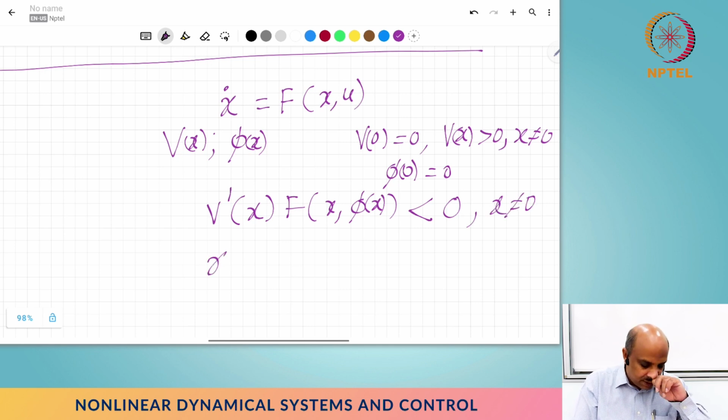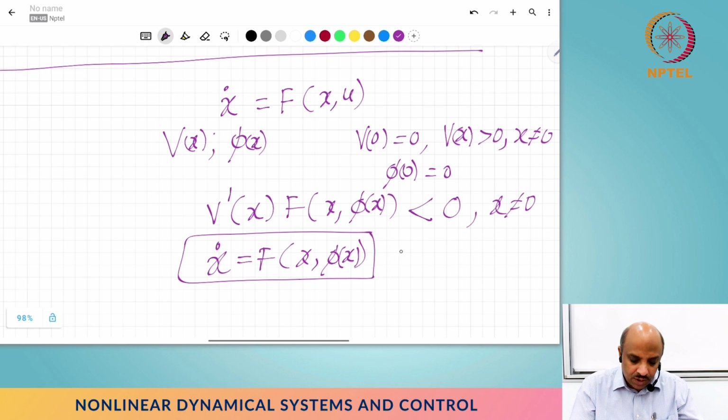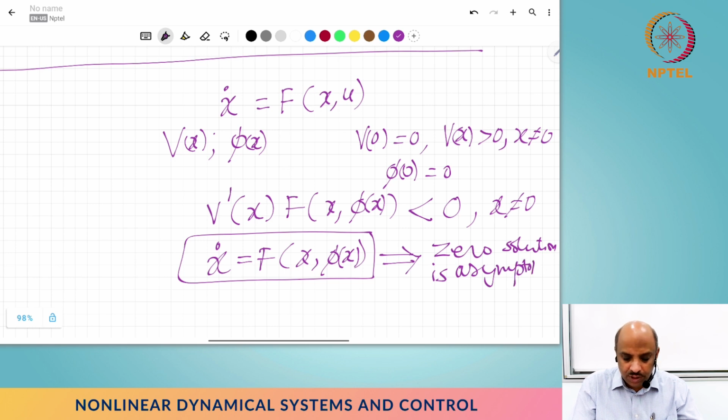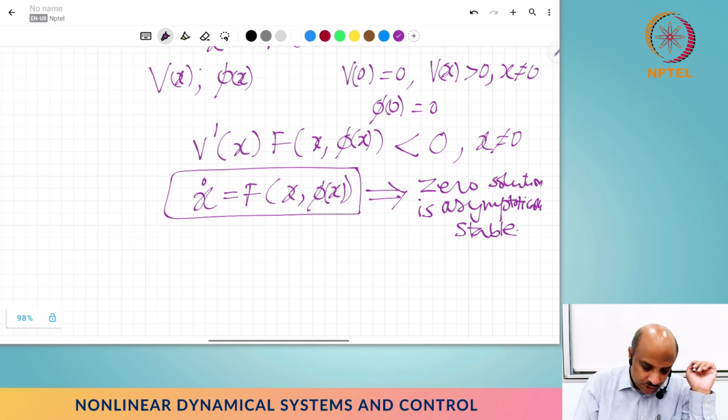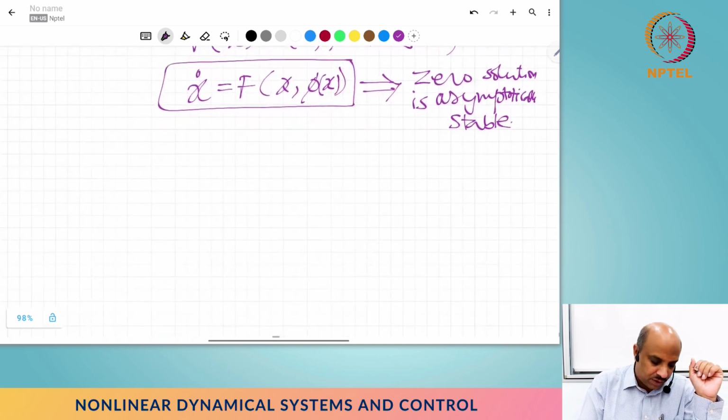So in that sense, this particular dynamical system with u replaced by its feedback implies the zero solution is asymptotically stable, globally if you have radial unboundedness. So that's the first part of the result. The second part of the result, on the other hand, has something to do with the Hamiltonian, and I'm going to show you something interesting there.